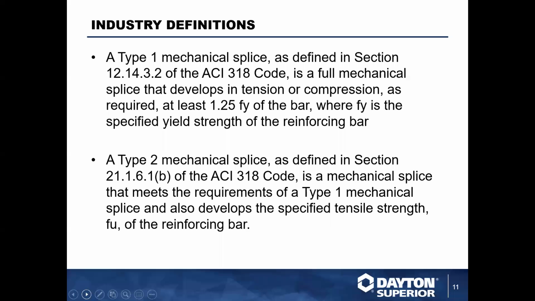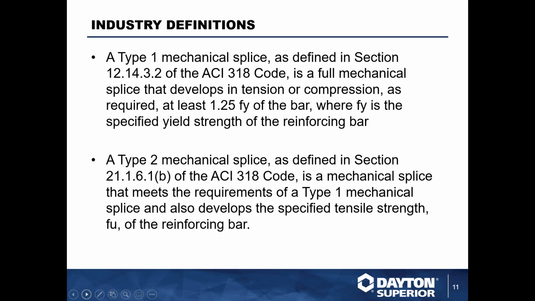And then a type 2 is defined such that the coupler must, according to building code, meet that of a type 1, but it also has to achieve the ultimate strength of the rebar. So it will develop the specified tensile strength.